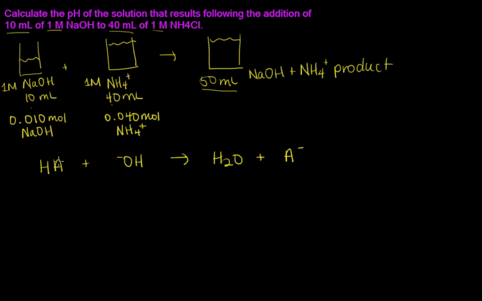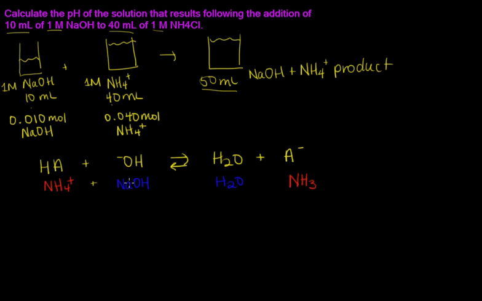Our acid in this case is NH4 plus, and that relates to the conjugate base by losing one of those protons, NH3. And then the base, sodium hydroxide, is going to become water. So this is the base and its conjugate acid. This is going to go partially forward, partially backwards because we're combining things.